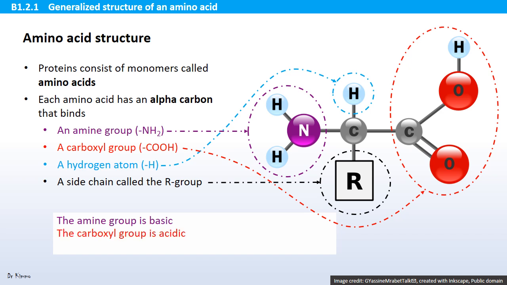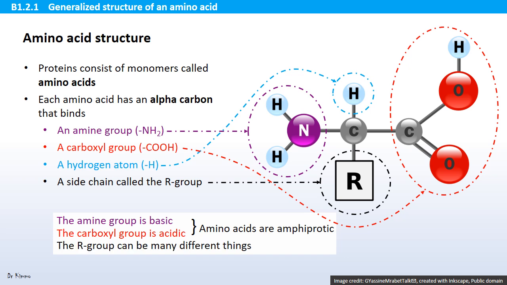The amine group is basic and the carboxyl group is acidic. That means that the amino acid is amphiprotic. It can act both as a base and as an acid. The R group can be many different things.